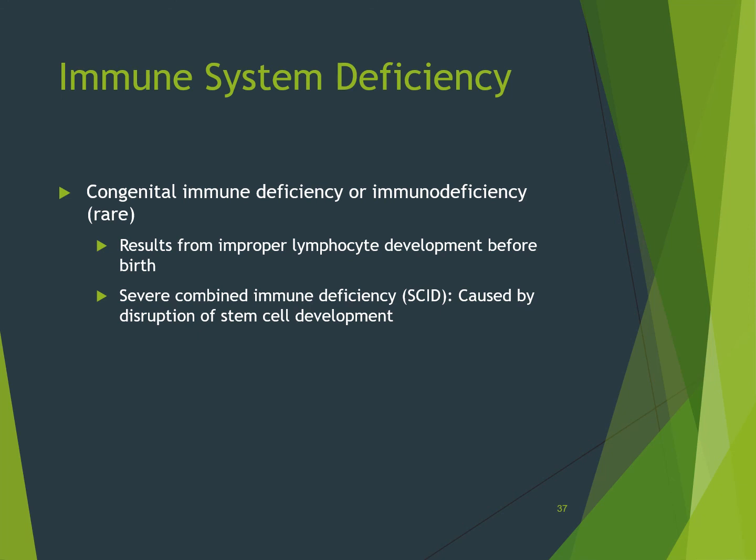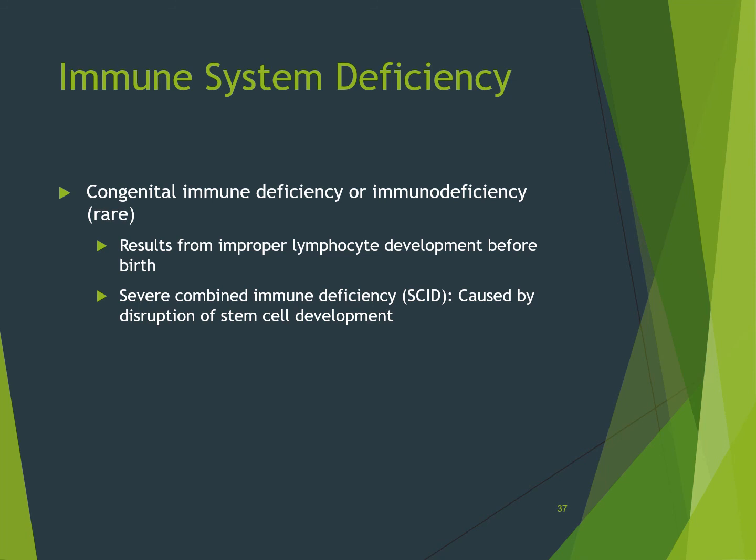We're coming into the home stretch here. We're going to talk about a couple of immune system deficiencies. And the first one is congenital immune deficiency or immunodeficiency, which is really rare, but it is something that the individual is born with. One example is severe combined immune deficiency, or SCID, which is caused by the disruption of stem cell development.